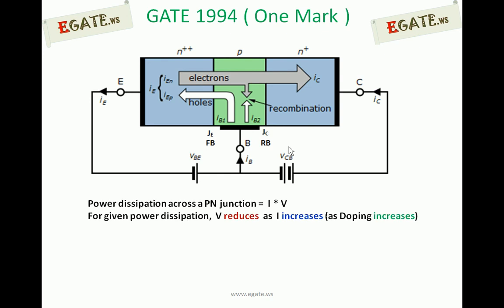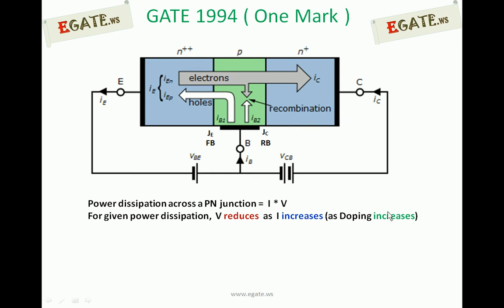Generally, power dissipation across a PN junction is calculated with the help of the current flowing through the PN junction and the voltage across that junction, that is I into V. For a given constant power dissipation, if the current increases, the voltage is going to be reduced.